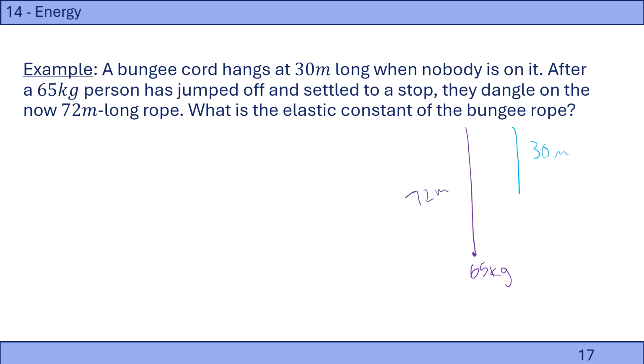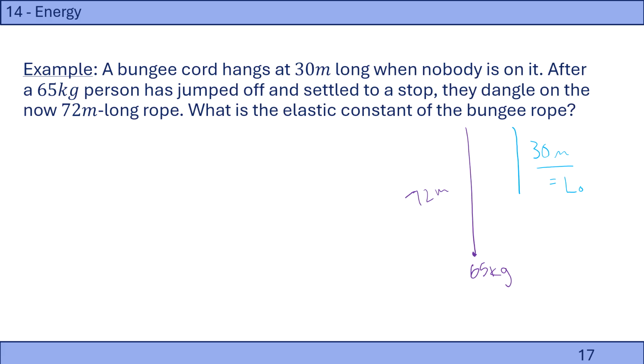Now, what is the elastic constant of the bungee rope? Well, 30 meters is the length when nobody is on it, so we can treat this as our L naught, or our rest length.